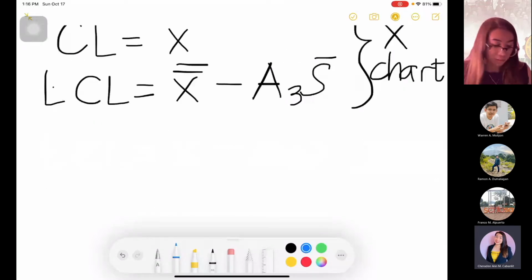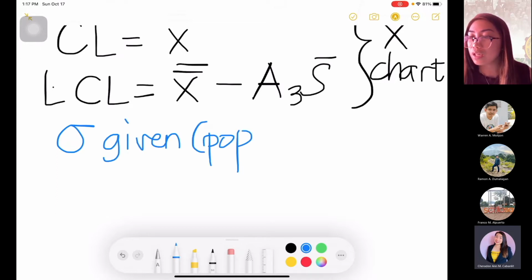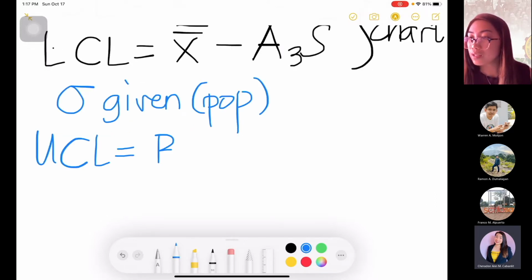Then as for the S chart, if sigma is given, meaning it's the population, okay, your UCL is B6 sigma.